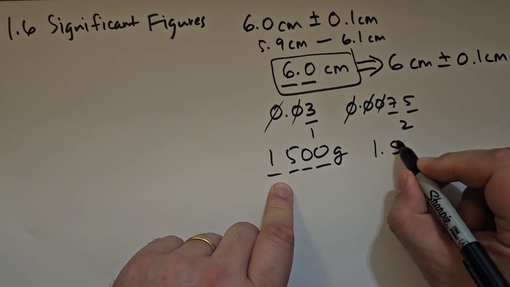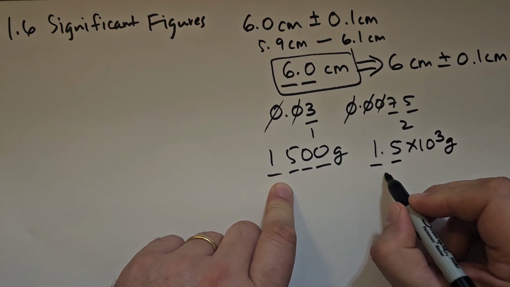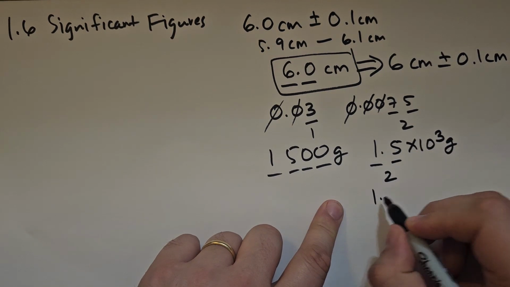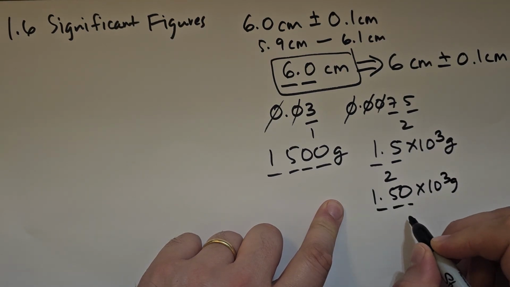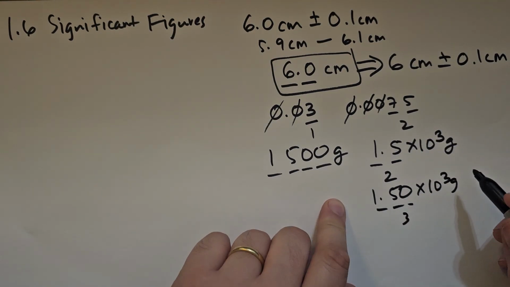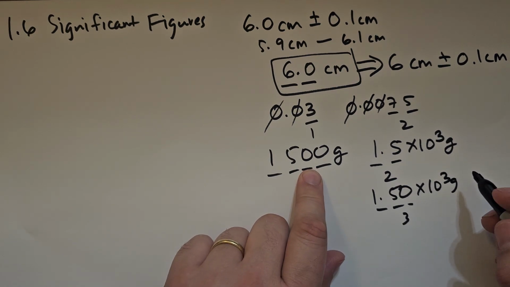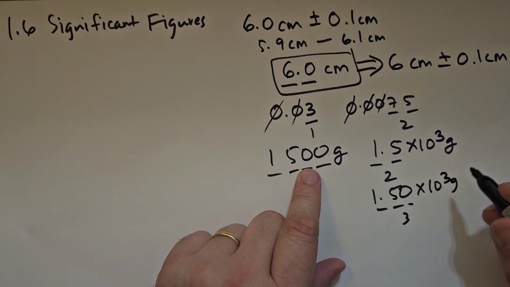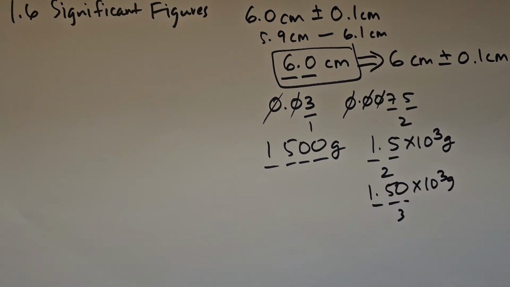If we wrote 1.5 times 10 to the 3 grams, we know this is two significant figures. But if we write 1.50 times 10 to the 3 grams, this is three significant figures, okay? So in a case where it's not really clear that trailing zeros indicate significant figures, we always rewrite it so that the trailing zeros are indicated in our significant figures.